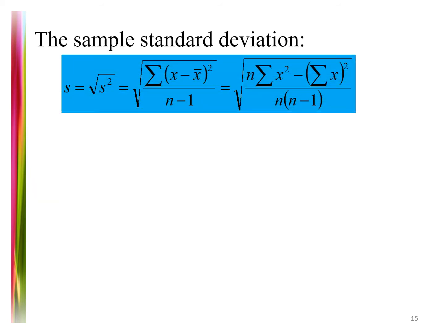Similarly, sample standard deviation we denote as s, so it's the square root of s squared. We already know the s squared formula, so it's just the square root of the summation of x minus x bar squared divided by n minus 1.